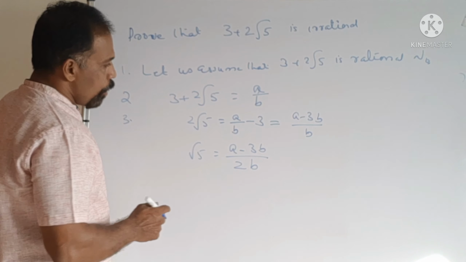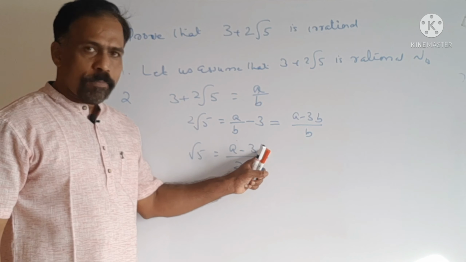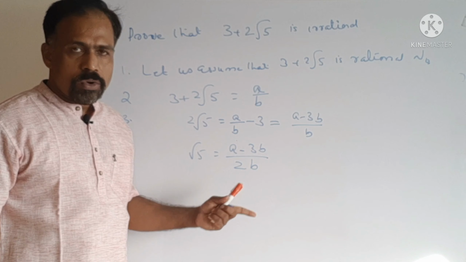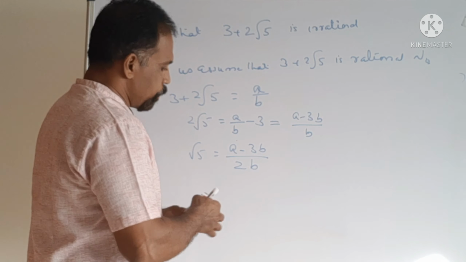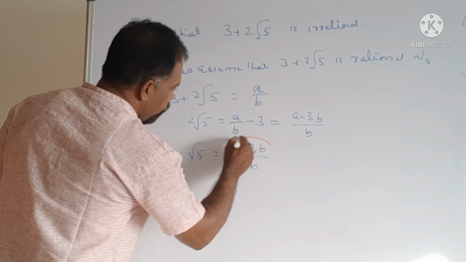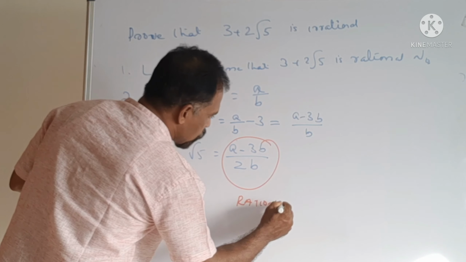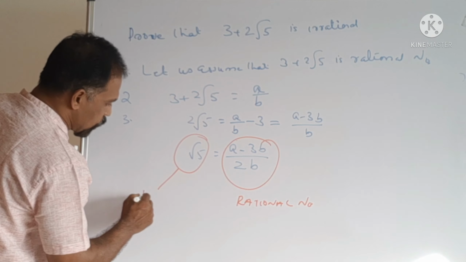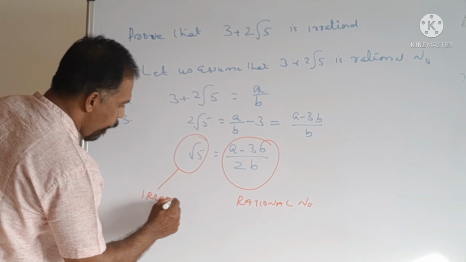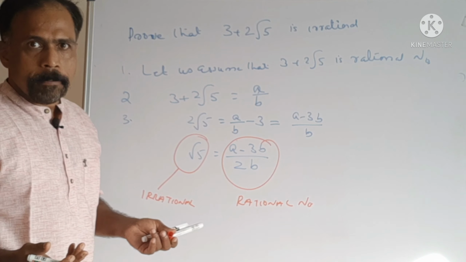We know that a is a positive integer, b is a positive integer, and 3 and 2 also are integers. Now this right hand side is a rational number, and this, we know, is an irrational number. How can it be possible?